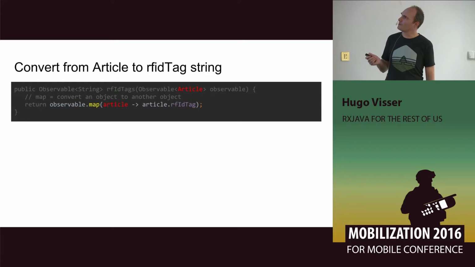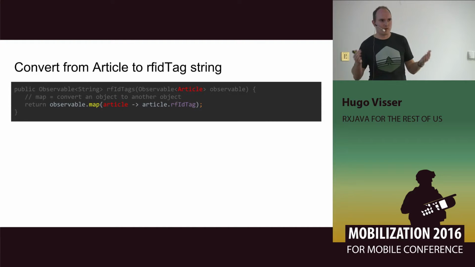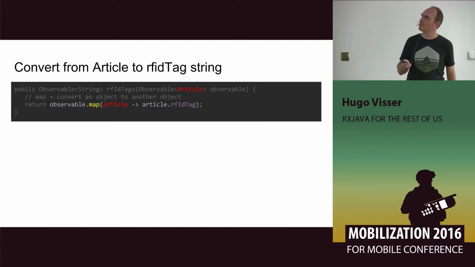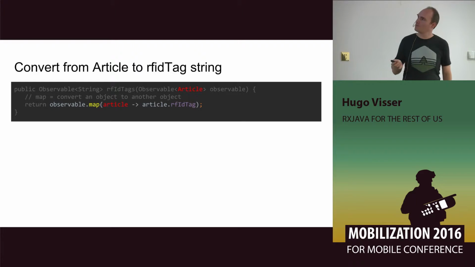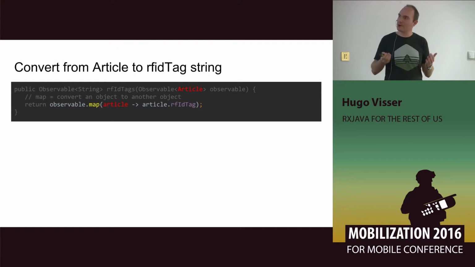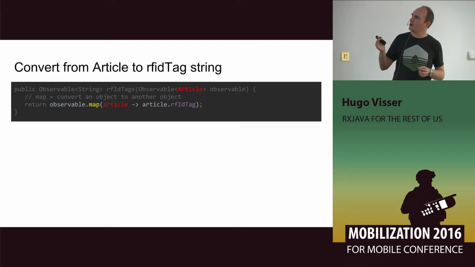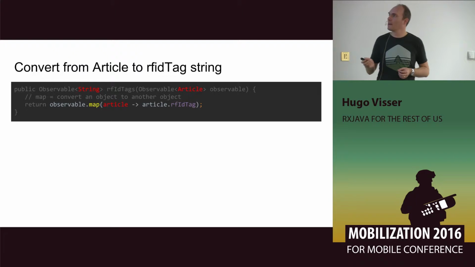Given that we have this observable of articles, for now it doesn't really matter where it comes from, it might be a web server, it might come from a network call, for example. We are now going to map. The operator is called map. We're going to map the article to its RFID tag, so to its string.